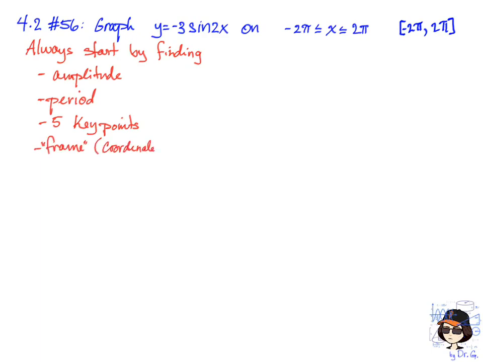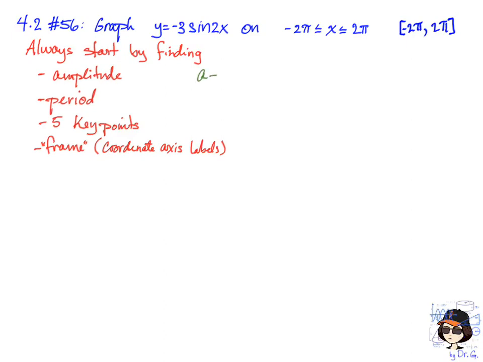And that will be your frame. And then you'll set up your coordinate axes, and you'll label them. That'll be your frame. So the 5 key points are going to be required on the test, just like on the practice test. You won't get full credit if you don't show 5 key points.